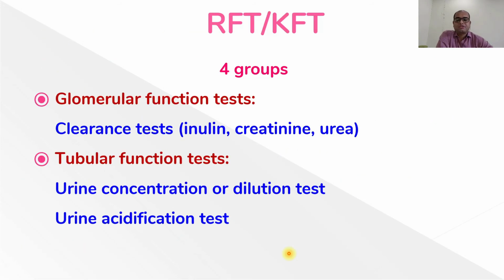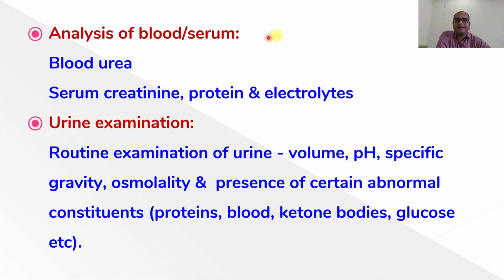So now coming to the actual renal function test and kidney function test. We are going to divide them into a total of 4 groups. One is glomerular function tests, which include various clearance tests like inulin, creatinine, and urea. Then come the tubular function tests, which include urine concentration or dilution tests and urine acidification tests. Third is direct analysis of blood or serum, where we utilize blood urea or serum creatinine, protein, and electrolytes.